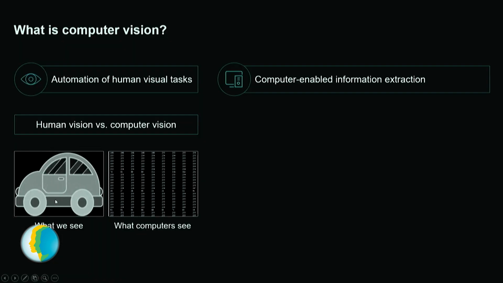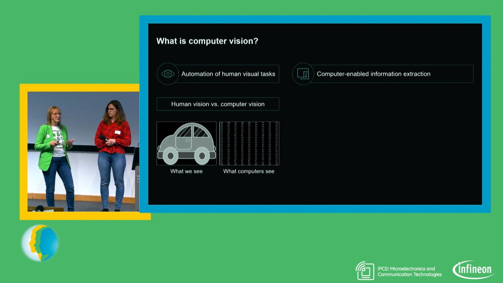Here on the left image, you see what we as humans can see. It's just a picture. Computers, on the other hand, just see a huge matrix of numbers, and each of these numbers represents one pixel in an image. With these numbers, we can teach computers to do some really cool stuff.